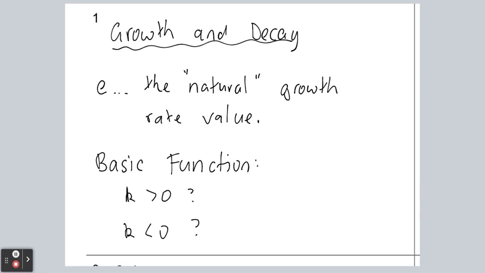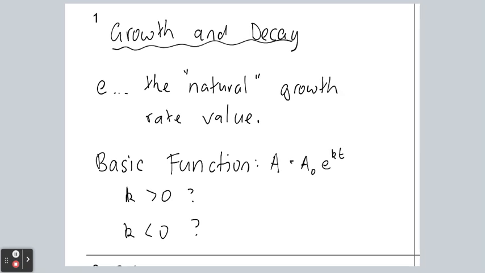So the base function, the way it tends to be written, is A, the amount, equals an initial value, A sub 0, multiplied by e to the power of kt. That's how you would write it.